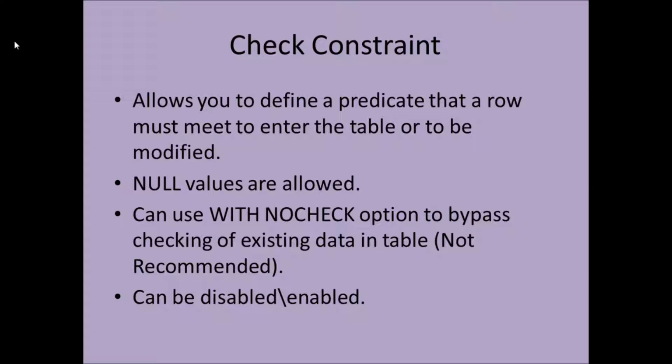Null values are allowed on check columns. We can use the with no check option with the check constraint to bypass existing data of the table from the check predicate. We can also enable or disable a check constraint.